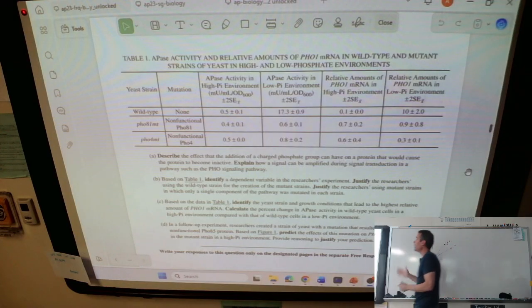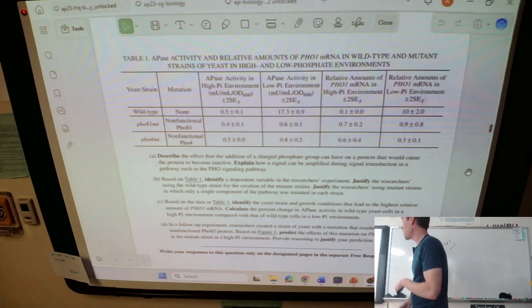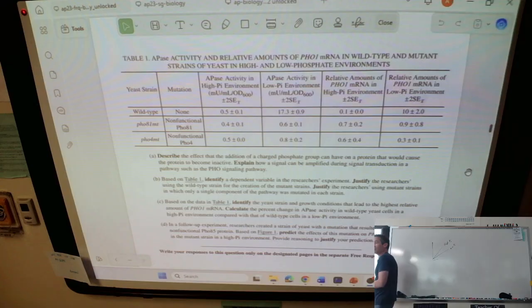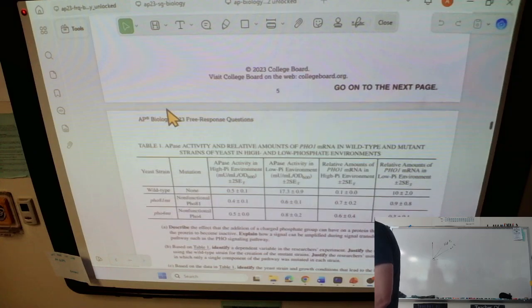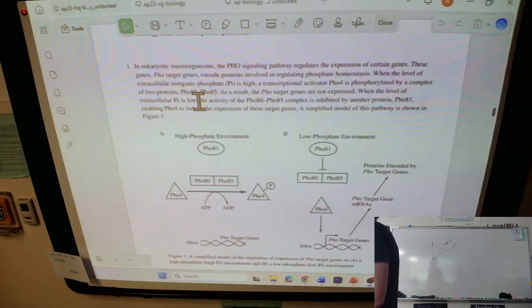Okay, so the point of this one is question 1 always looks bad. At some point I can show you, or you can just trust me. Question 1 usually looks bad. If you're cruising along and you see this, faux 80, faux 85, faux 4, you're just like, are you kidding me?